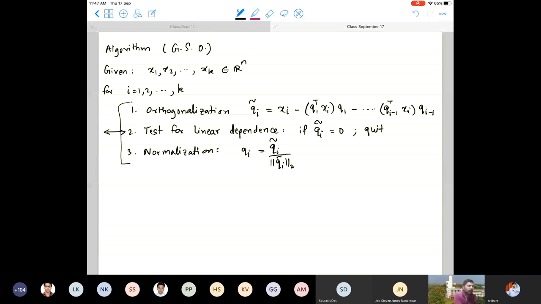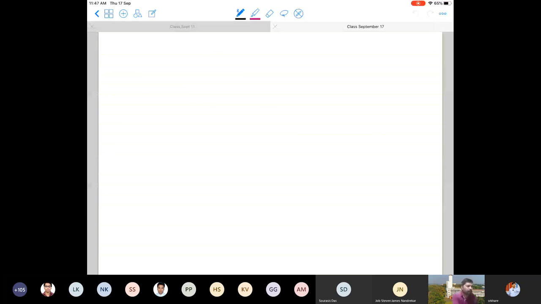So let us try to analyze this Gram-Schmidt orthonormalization. Okay, so let us try to understand it step by step. I will write down a few properties and then we will try to prove them. Let x1 up to xk be linearly independent.